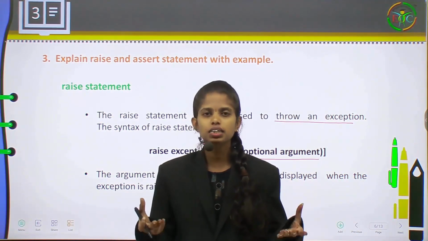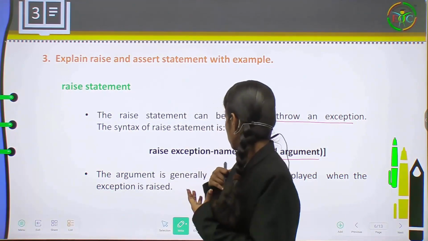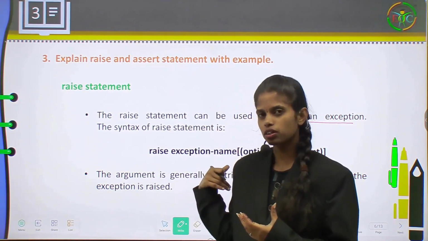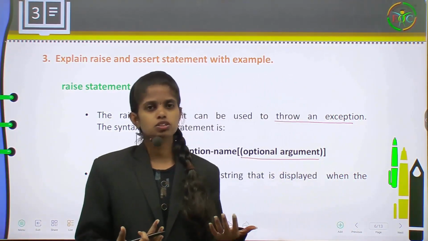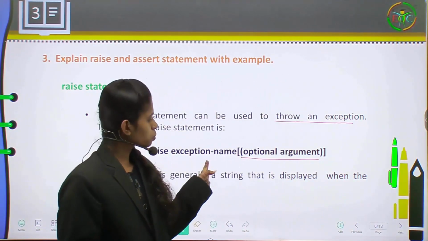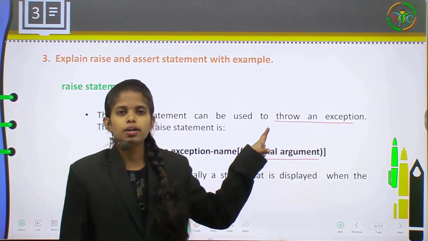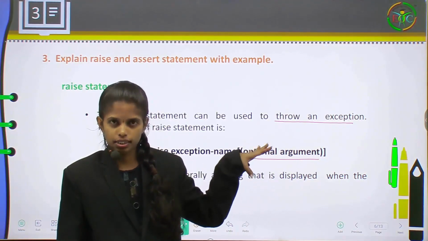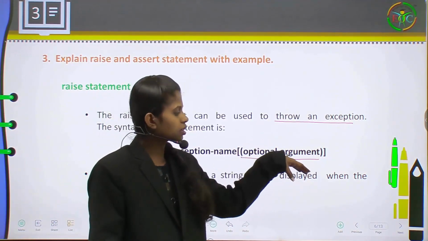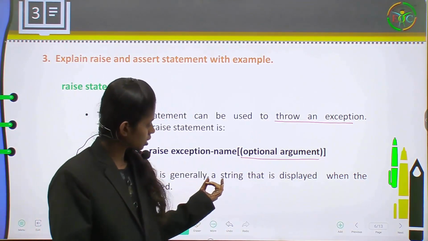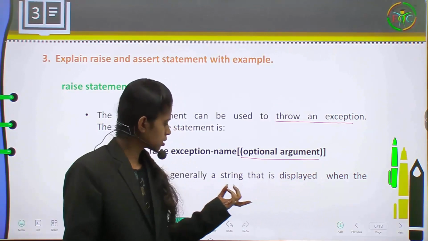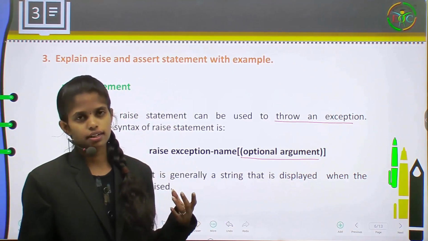It's not mandatory to give arguments for that particular method, because just raise exception name is also sufficient. Along with that, if you want to display some message along with the exception, you can write the arguments inside this. The argument is generally a string that is displayed when an exception is raised.